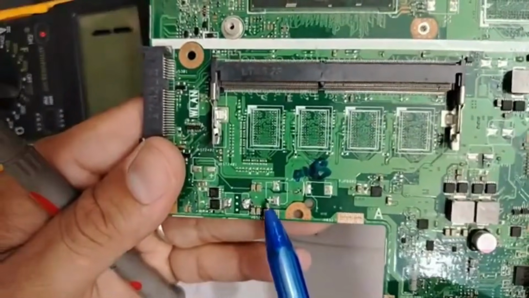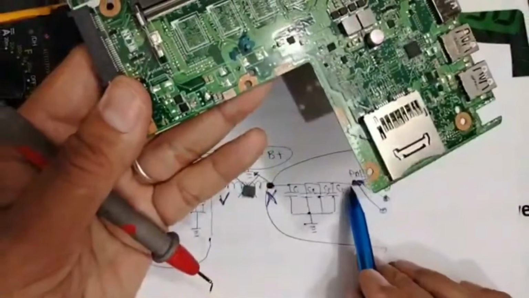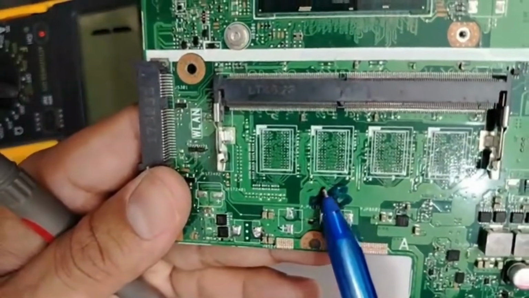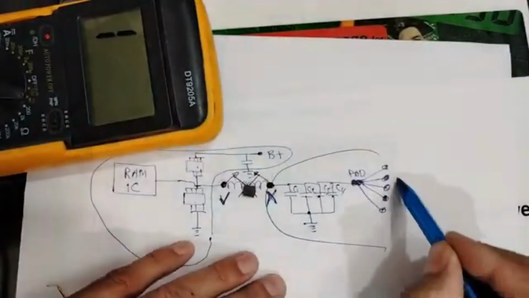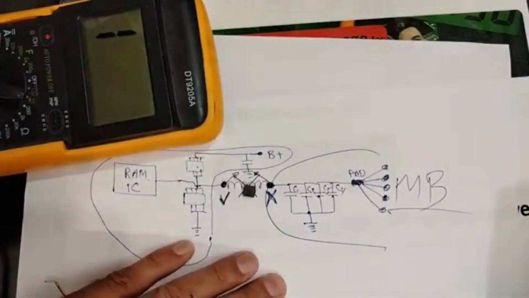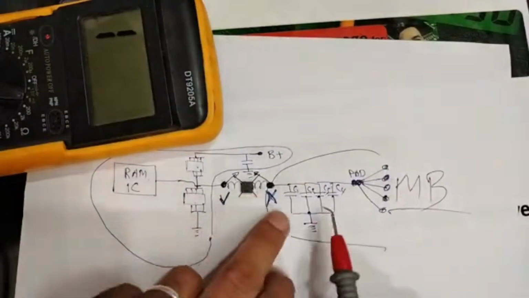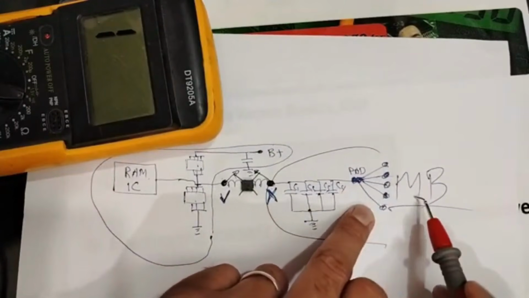Do you see? The ceramic capacitors are connected to this part here, and this part here is connected to this point. Do you see this point? This point means motherboard. Problem. The short is in this side. It could be not here, but it could be in one circuit in the motherboard.